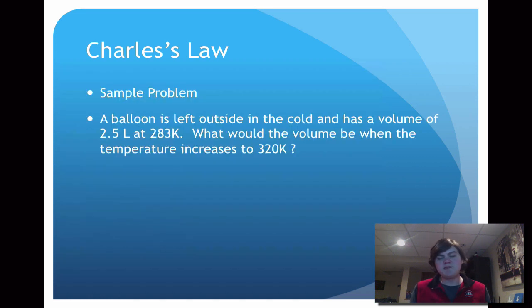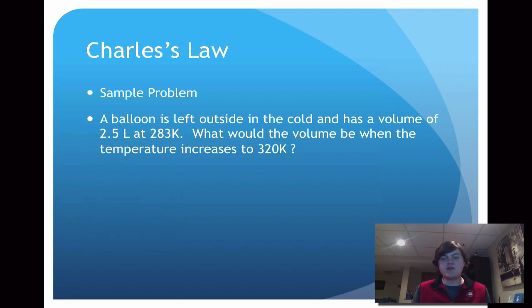Here's a sample problem. If you'd like to, pause the video, try to complete the problem, and then when you're ready, join back in. A balloon is left outside in the cold and has a volume of 2.5 liters at 283 Kelvin. What would the volume be when temperature increases to 320 Kelvin? Alright, the first thing we need to do is identify the variables in the problem.